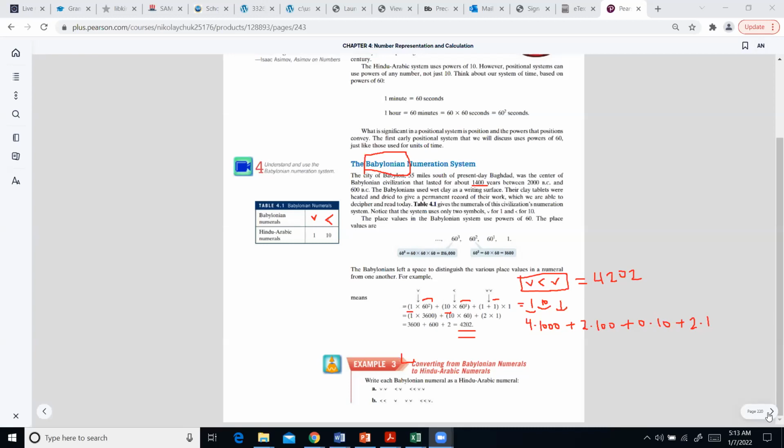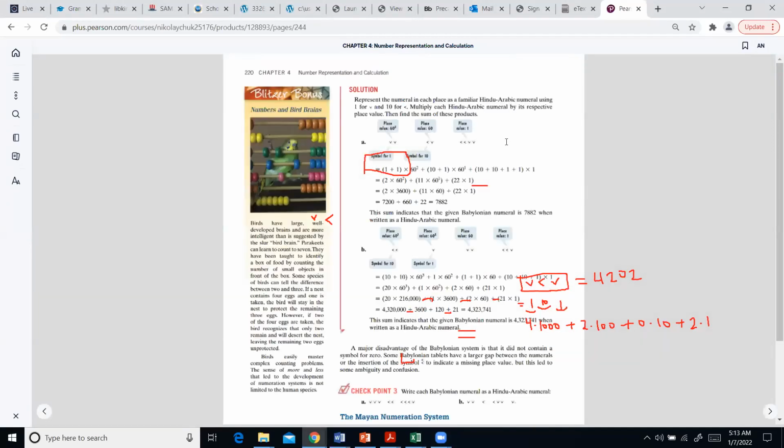So let's take a look at another example, example 3, that actually continues this story on the page next to it. In example 3, they consider more numbers in this unusual writing way.